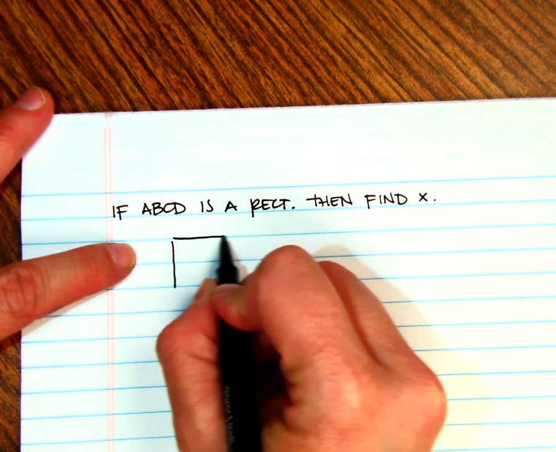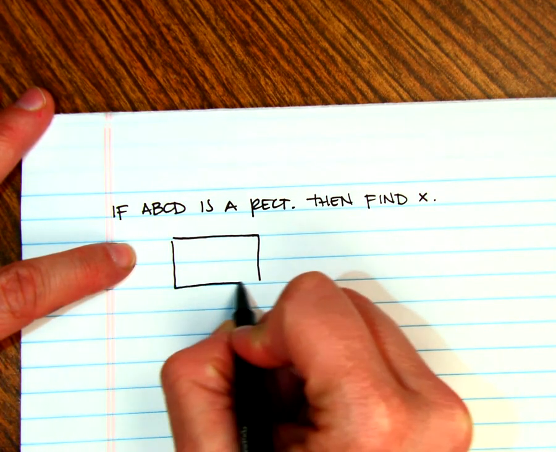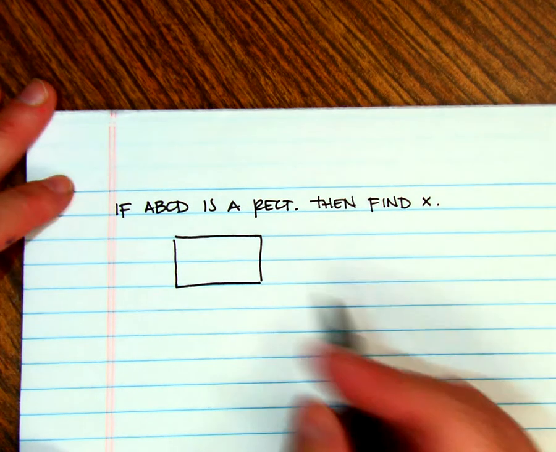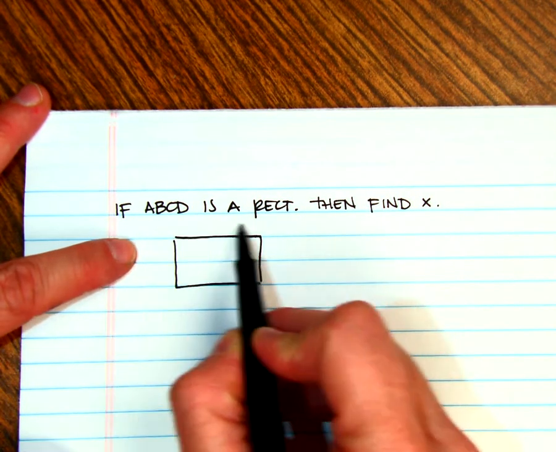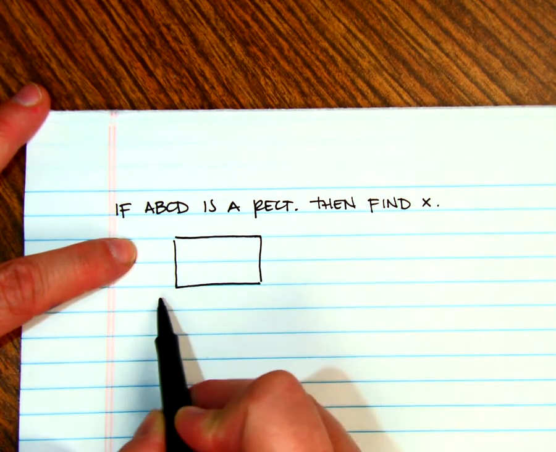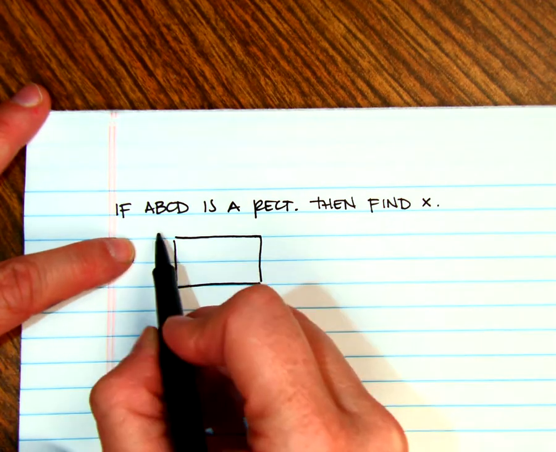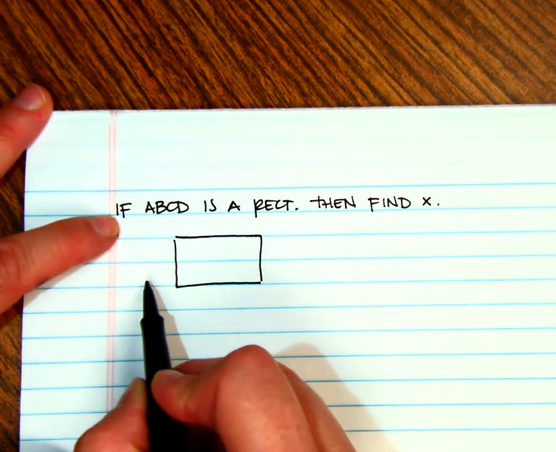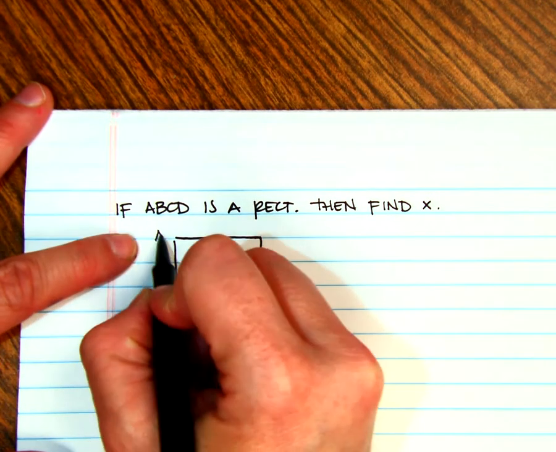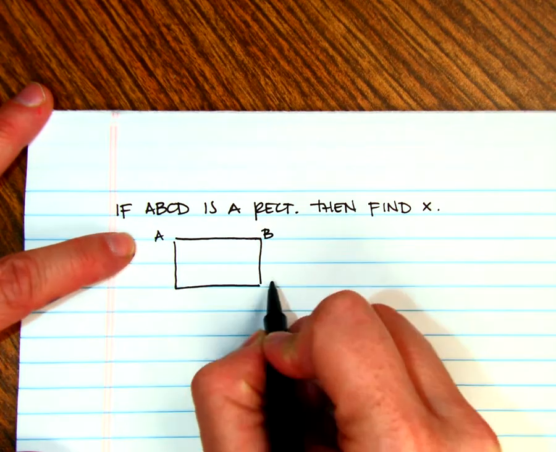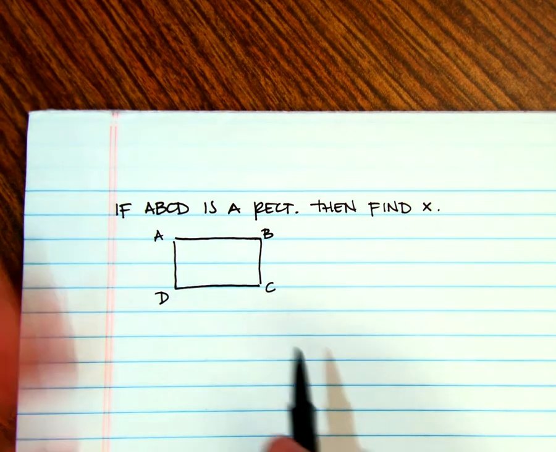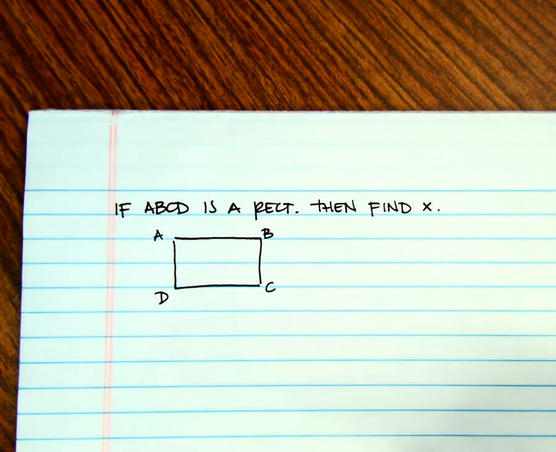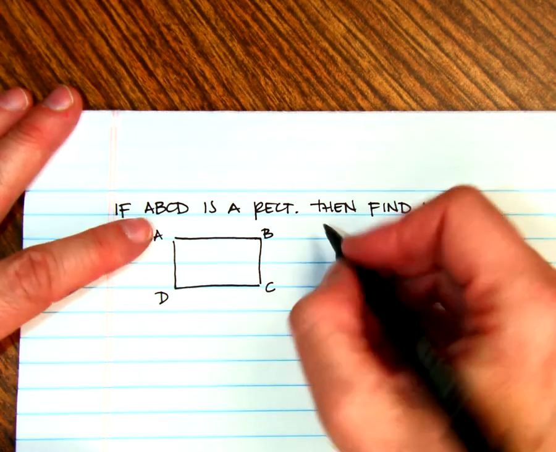So I'm going to draw my picture. It doesn't matter where I start A, but I have to be consecutive. I cannot go A, B, and then jump all the way down here and do C, D. I either have to go all the way around this way or all the way around the other way. So A, B, C, and D. So that means that AC and BD would be the diagonals.